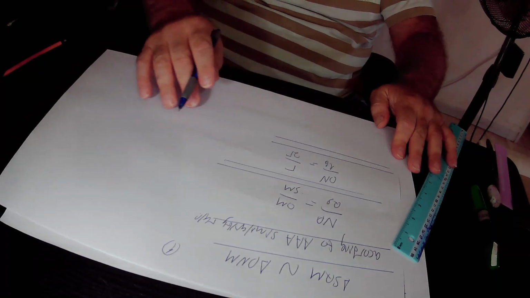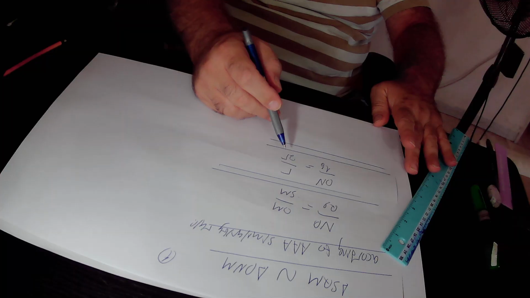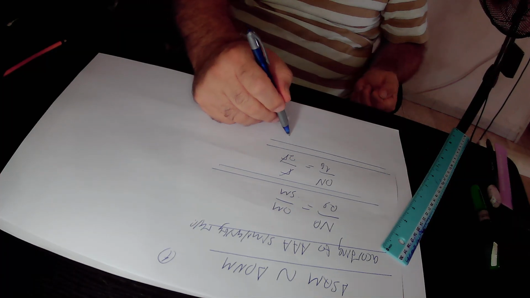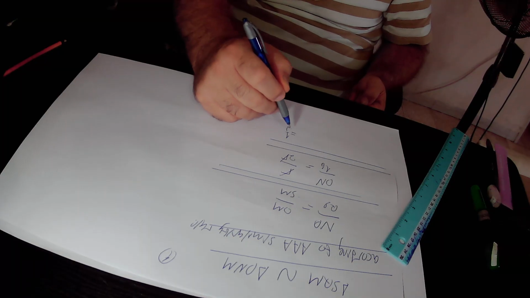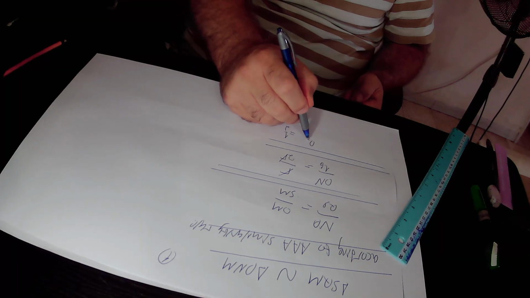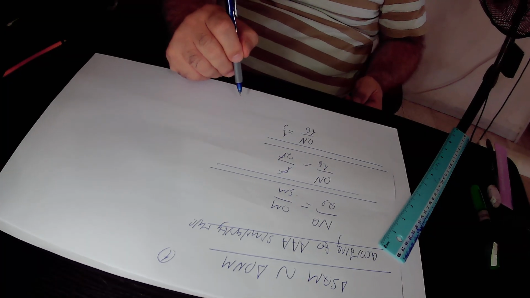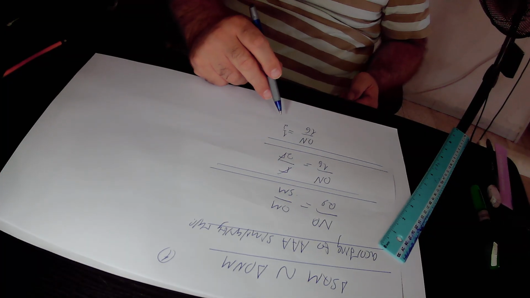We have R in the numerator and R in the denominator, so R will get cancelled. So on this side of the equation, we are left only with 1/2 equals ON over 16. ON over 16 equals 1/2.